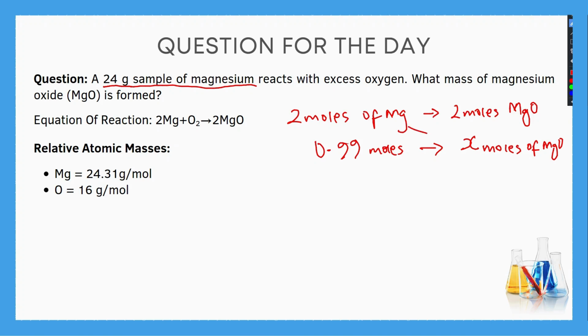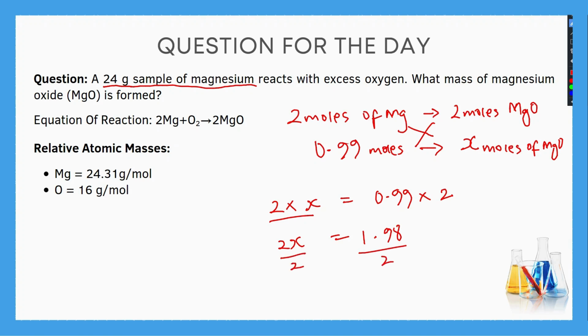So if we cross multiply, we have 2 times x be equal to 0.99 times 2. 2 times x gives us 2x, and 0.99 multiplied by 2 gives us 1.98. So at this point, we can find x by dividing both sides by 2. 1.98 divided by 2 gives us 0.99 moles.